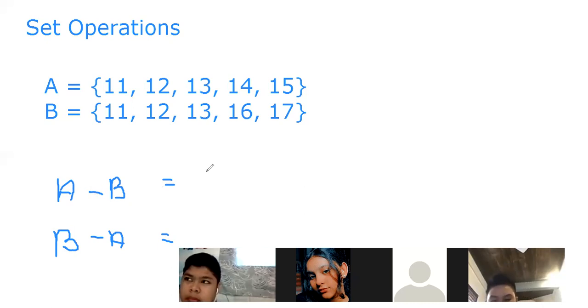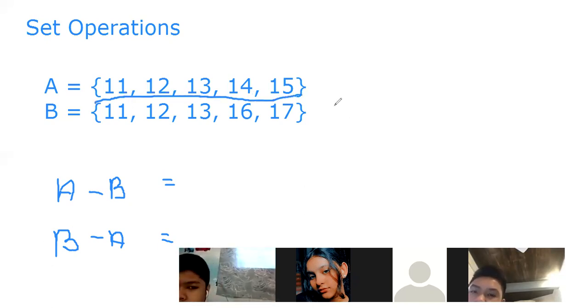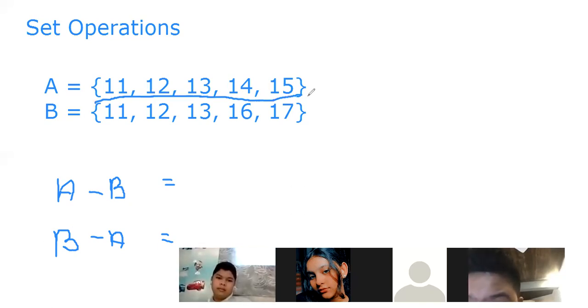For example, we have set A minus B. So, sino-sino yung mga elements na naka-set A? Ito si set A. Ano-ano yung elements na meron kay set A? 11, 12, 13, 14, 15. Yun, di ba? Then, ano-ano elements na meron kay set B? We have 11, 12, 13, 16, 17.